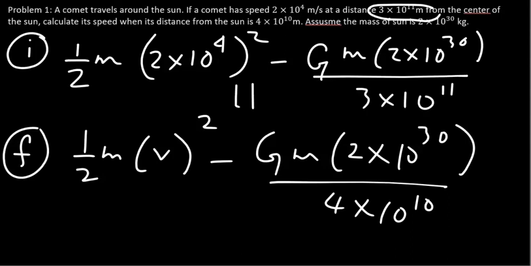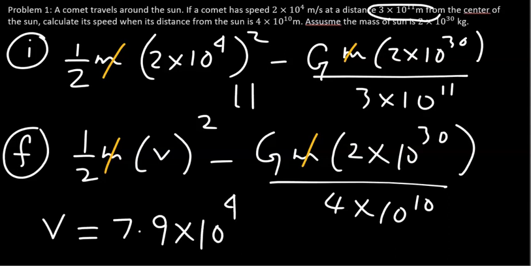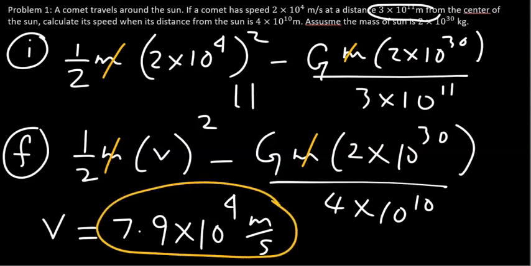They are the same. Energy is conserved. And we can solve for the only unknown, which is v. Now you notice that the mass of the comet cancels out, so we don't need to know what the mass of the comet is. So when you solve for v, we obtain 7.9 times 10 to the power 4 meters per second. And that solves the problem.